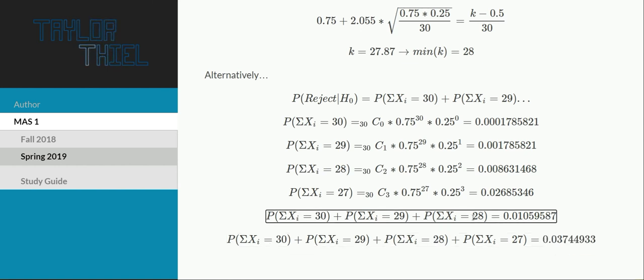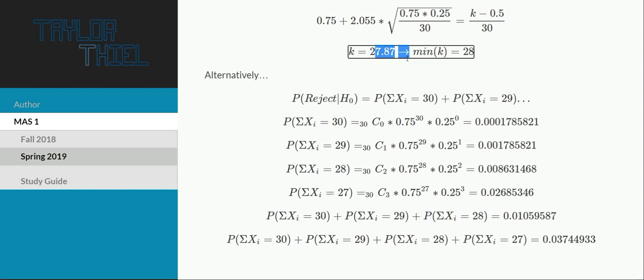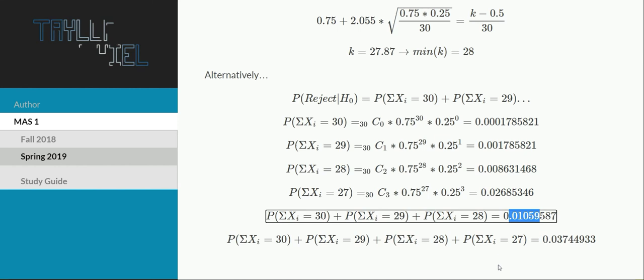And that's why we know, again, just a different way of coming to the correct solution of 28. And in the event that this and the continuity correction disagreed with one another, this answer is exact, whereas the other answer is an approximation. So just something to keep in mind. I don't anticipate this happening, but if it did, you would want to go with this answer.